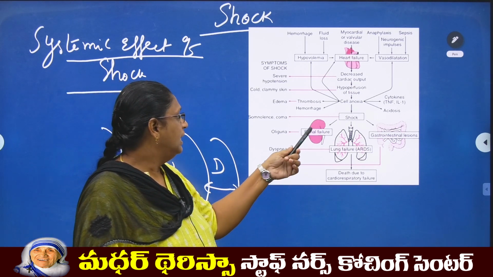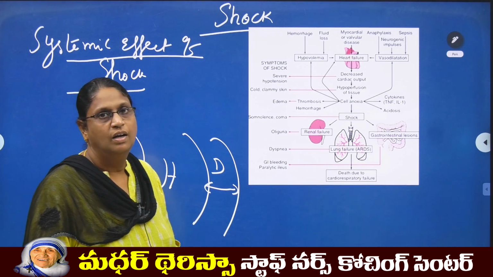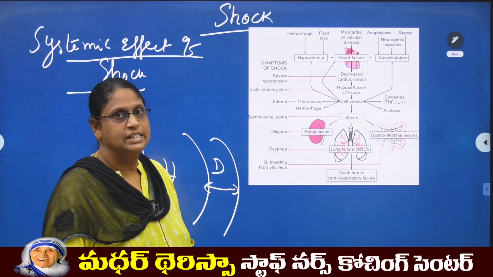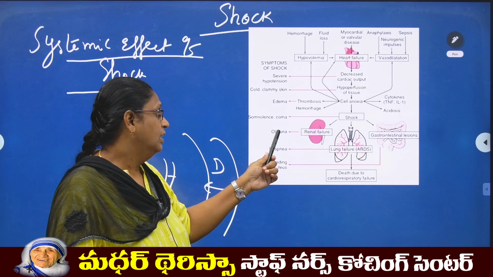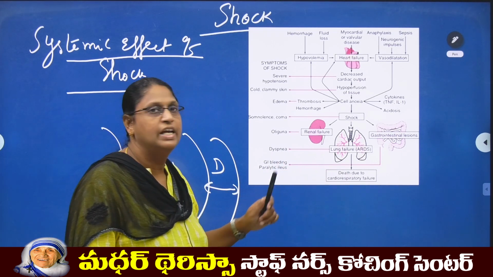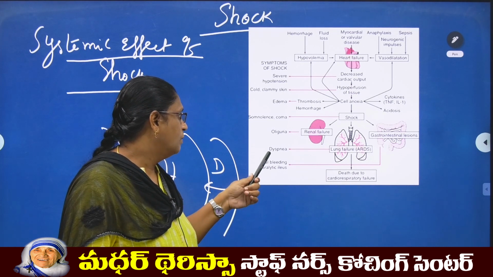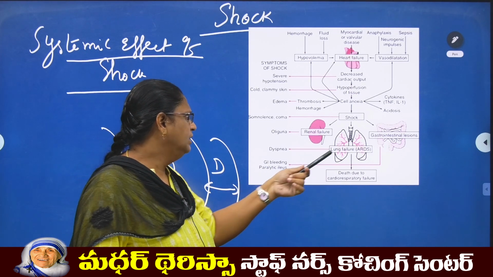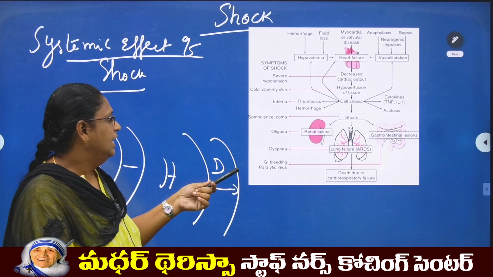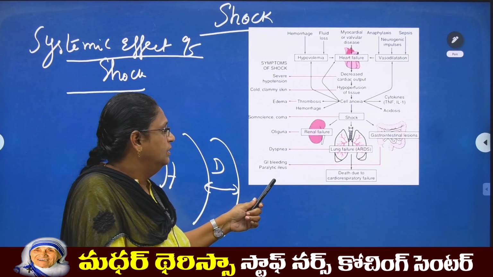Related to the kidney, there will be oliguria, which means decreased renal urine output. Related to the lungs, they develop dyspnea; they will be unable to take normal respiration. Related to the gastrointestinal system, GI bleeding and paralytic ileus are also observed.